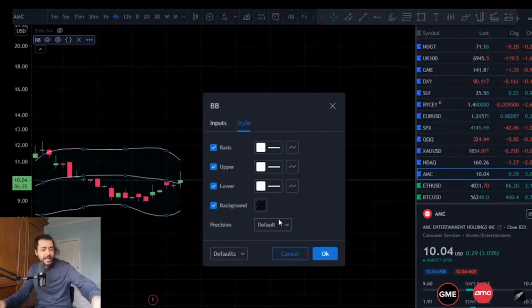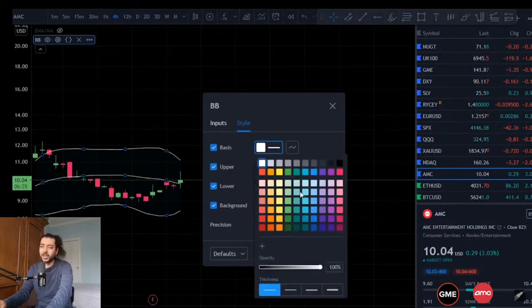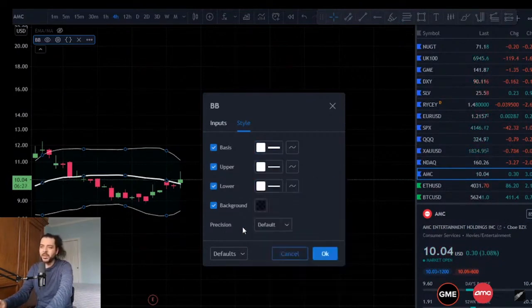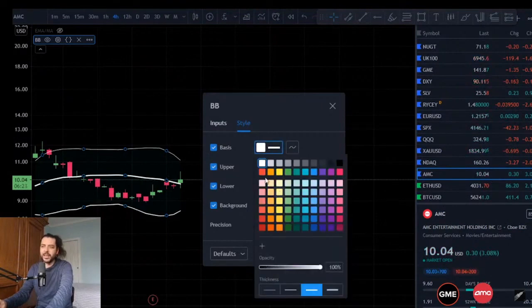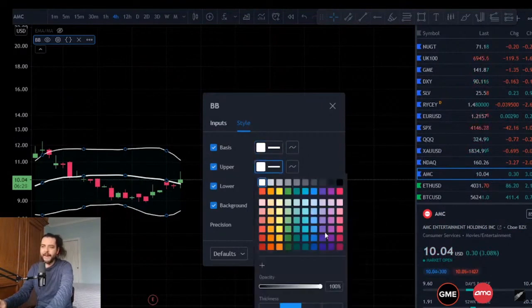If you want to research John Bollinger, the guy that invented this indicator, that's how he would manage it. You could go ask him. He would use the trailing stop to manage his position in the area of profit.